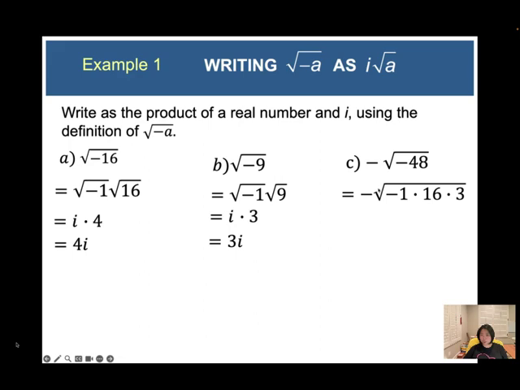The square root of negative 1 is i, the square root of 16 is 4, and we can't do anything with the square root of 3, so we keep the radical. That is 4i times the square root of 3, and with the negative outside, negative 4i square root of 3.